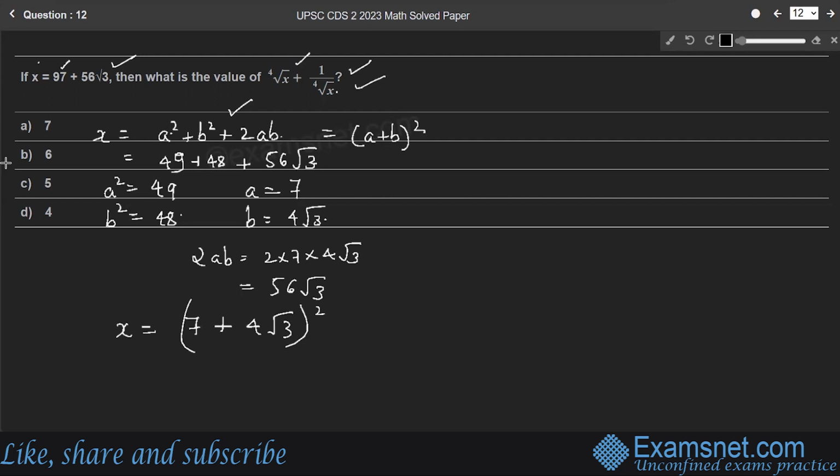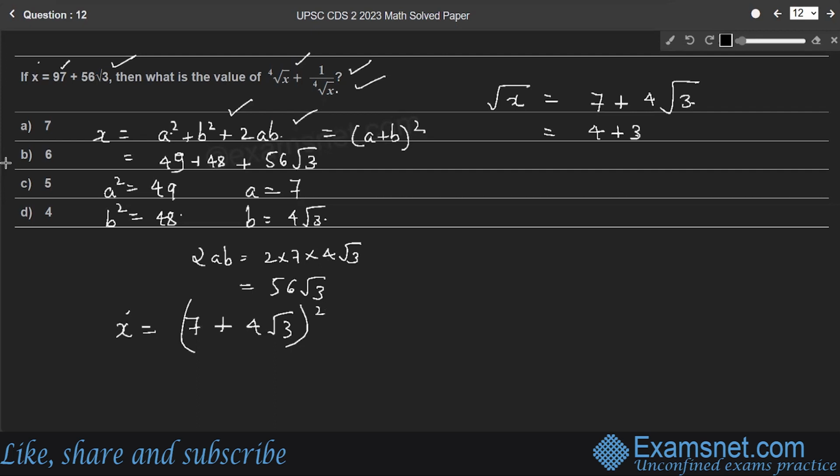Let us reduce the power of x now. If x is 7 plus 4 root 3, the whole square, therefore root x, or x raised to 1 by 2, is 7 plus 4 root 3. Again, reduce the power of x. So by splitting 7 as 4 plus 3, again we are expressing root x in the form of a square plus b square plus 2ab.